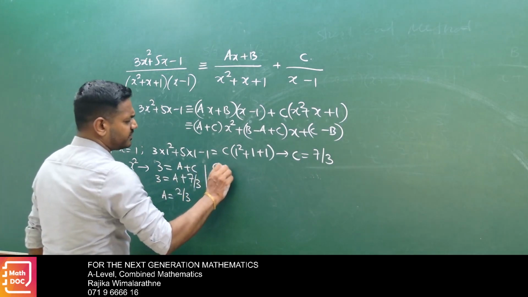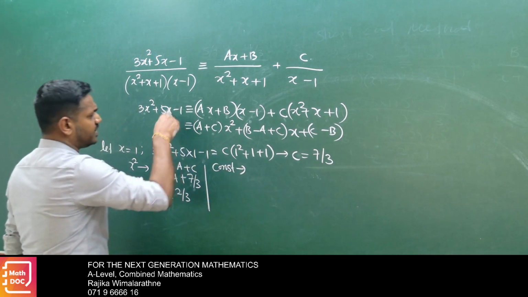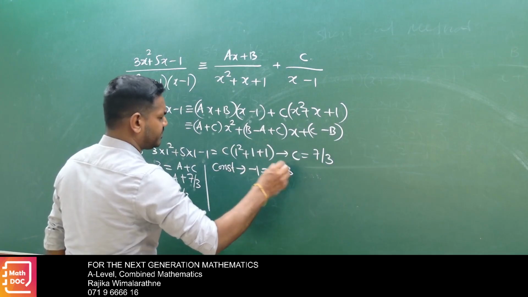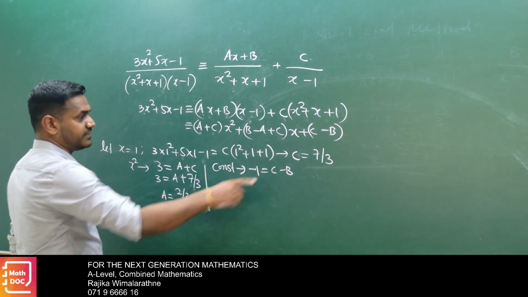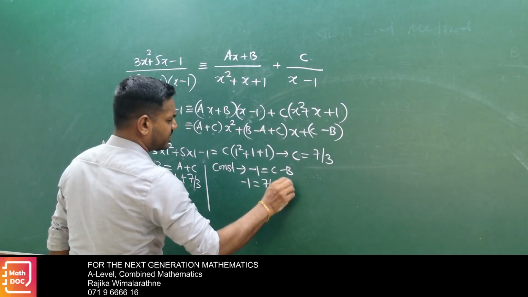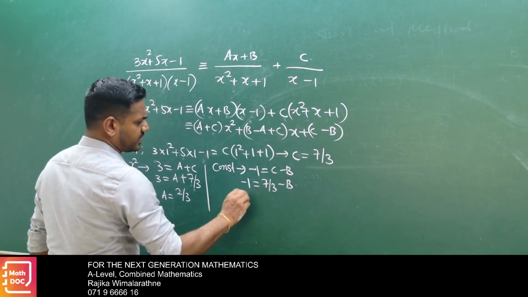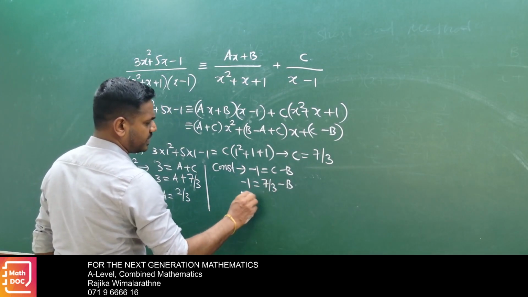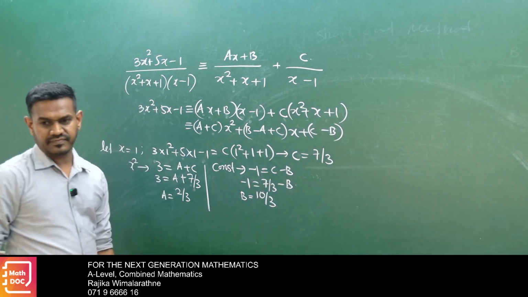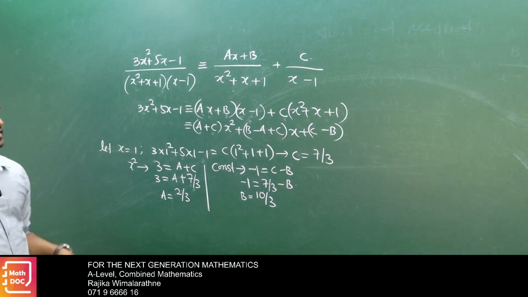Then the constant: here minus 1, and here c minus b. Then c value is 7 over 3, and b value is 10 over 3. Then you can write the partial fractions.